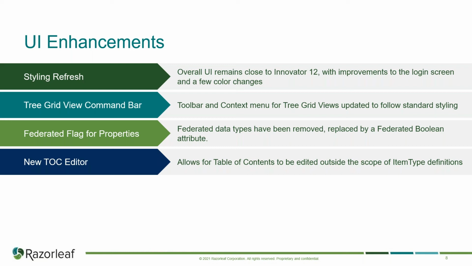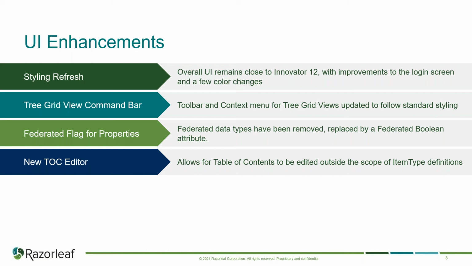Alongside this modern styling, the tree grid view command bars and context menus will be updated as well to follow standard styling. For those of you who have been running 12 and also moved from 11, you've probably noticed that that command bar kind of looks similar to that of 11 when the rest of those command bars look like 12. So now all of those will be following the same standard styling language.